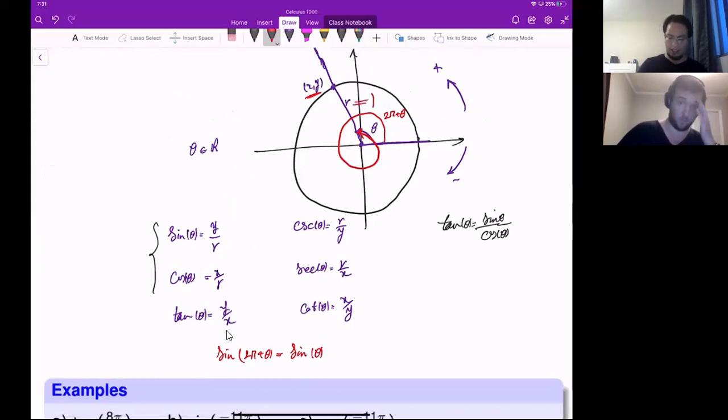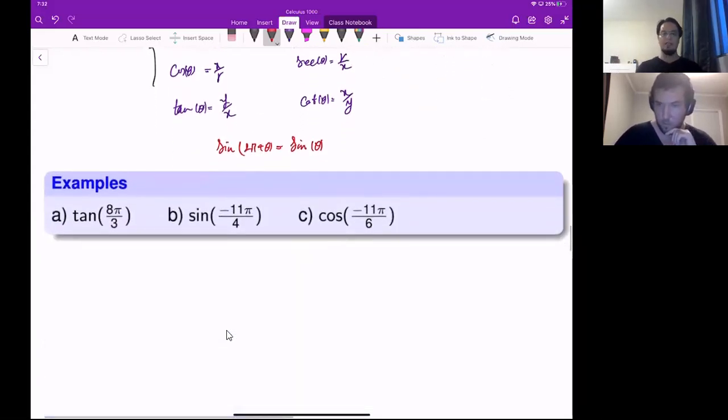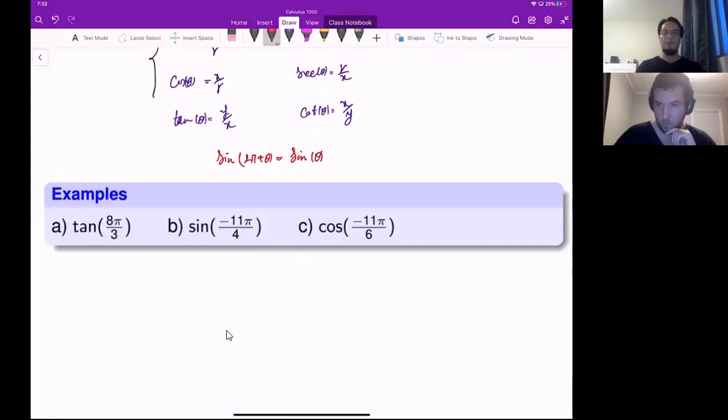If you set r equal to 1, all of these are going to be easy to compute. But even in the general case, what you need to do is first place the angle on the circle.